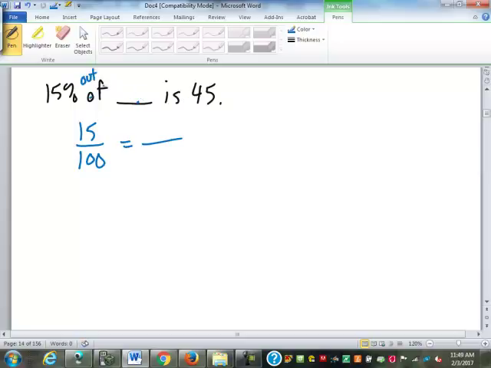If we read that as out of blank, it implies that missing number goes on bottom. So the 45 goes on top. Cross multiply and divide. 100 times 45 is 4,500. Divided by 15 is 300. So 15% of 300 is 45.